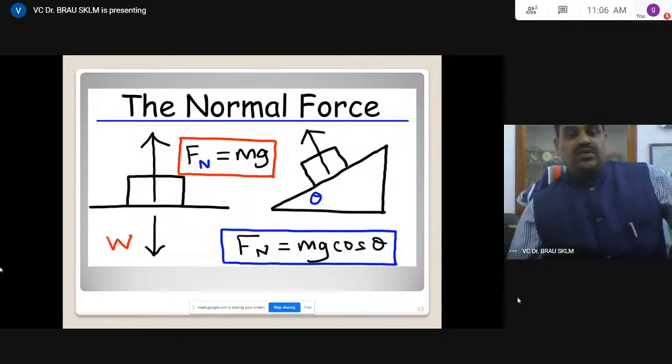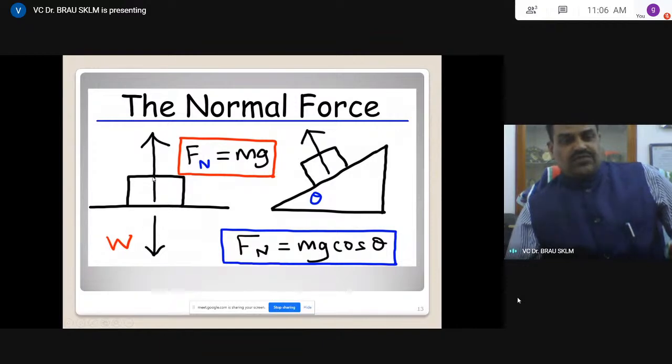Here, Fn is the vertical force, and the weight is downwards. The normal reaction force is equal to W. This is the normal reaction force, and this is the weight of the body, the given weight. This is the active force and this is the reactive force.